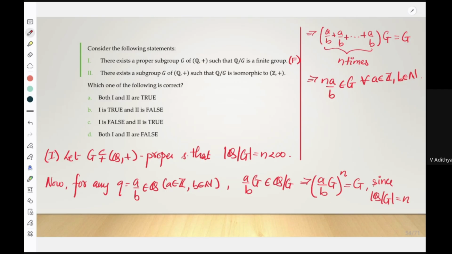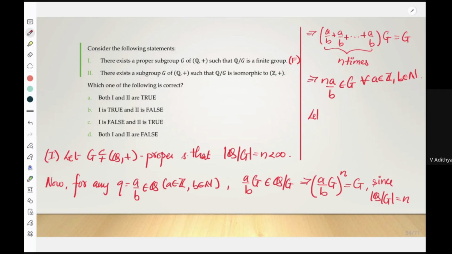Every element of this form belongs to G, right? Yes. Now I'm saying every element of Q will have this form. If that is true, then G will be all of Q, which gives us a contradiction.